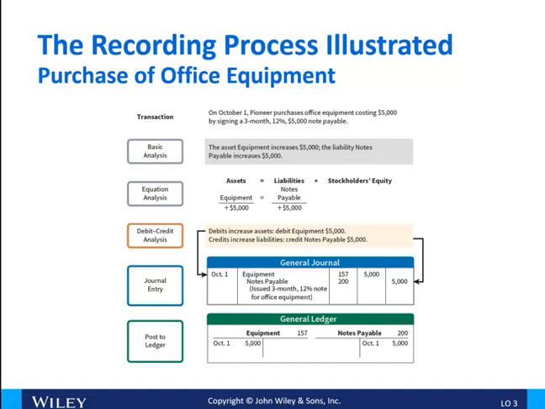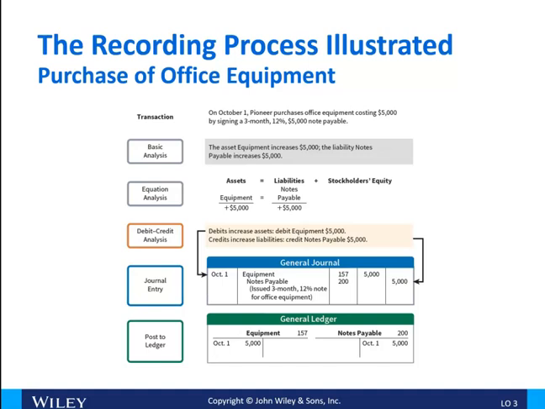So here's an example where we purchase office equipment. On October 1st, Pioneer purchased office equipment costing $5,000 by signing a 3-month 12% $5,000 note payable. Basic analysis is the asset equipment increases $5,000, the liability notes payable increases $5,000.